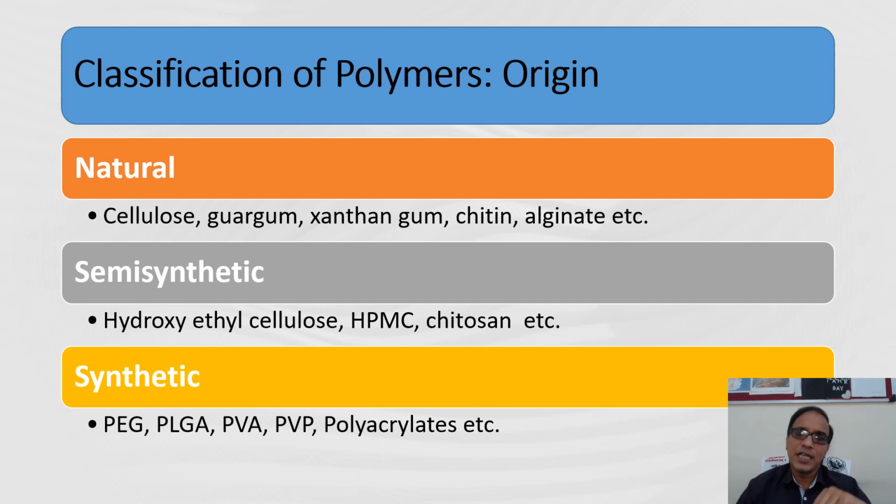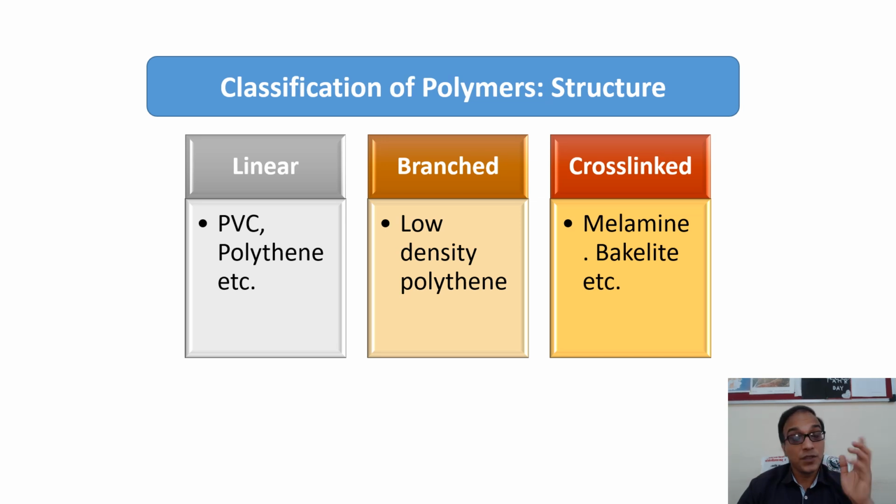Okay, now let's take another type of classification on the basis of structure. Polymers may be of three types on the basis of structure. They may be linear, branched, or cross-linked. Linear, as the name suggests, it may be a linear molecule, joined one after another in series in a single chain.